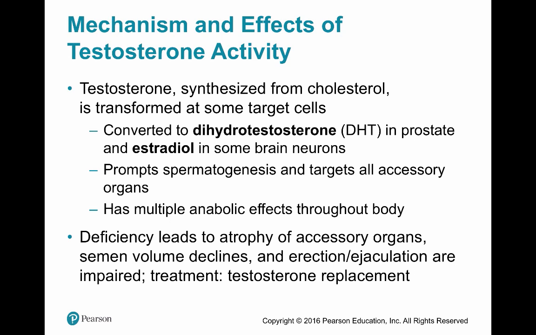It can be converted to what's called DHT, or dihydrotestosterone, in prostate and estradiol in some brain neurons. This helps to promote spermatogenesis and targets all accessory organs. It can have multiple anabolic effects throughout the body. Deficits can lead to atrophy of accessory organs, semen volume declines, erection and ejaculatory ability can be impaired, and basically treatment is used for testosterone replacement.